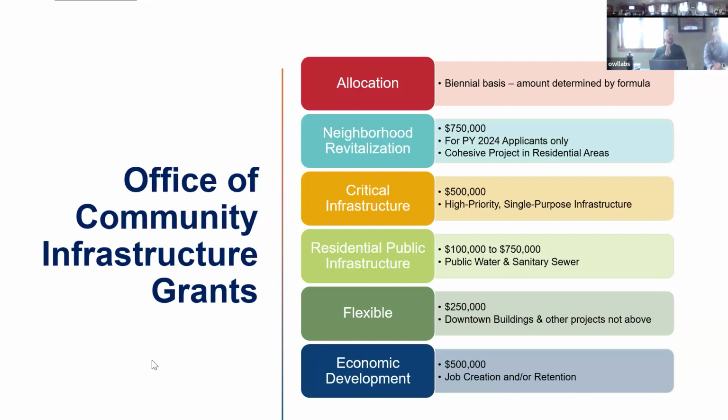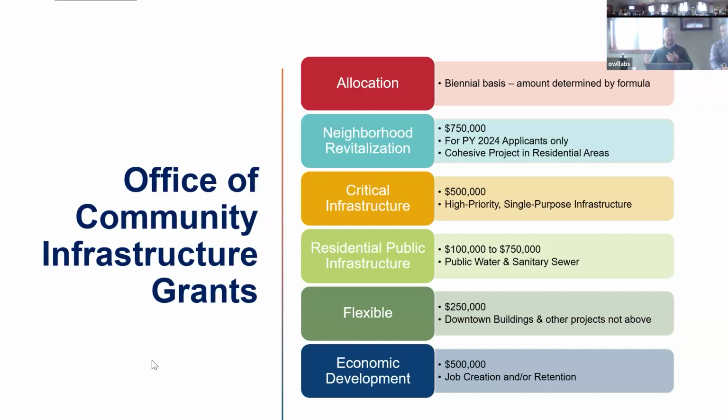And then the other programs we have that our team deals with, we have a residential public infrastructure program. That essentially is a water sewer program. It's public drinking water, a sanitary sewer. These are usually large scale, multi-million dollar projects. That's what we usually see.